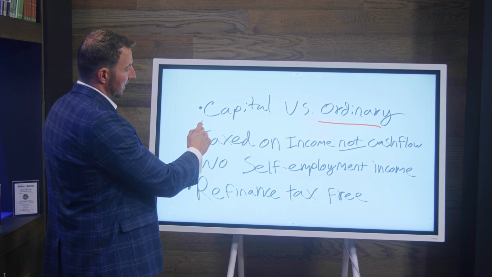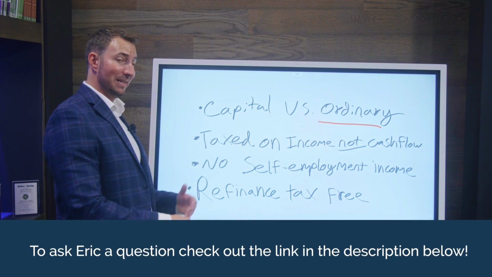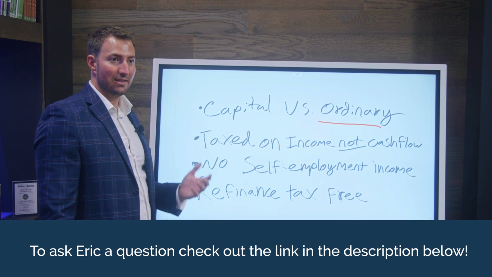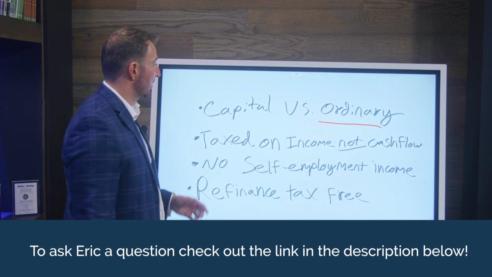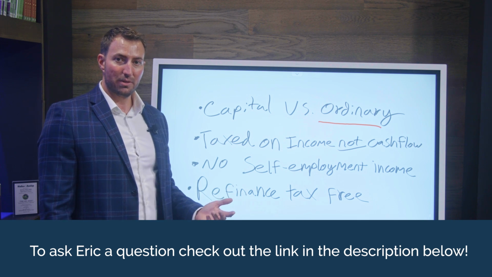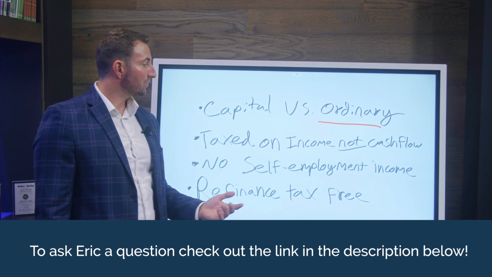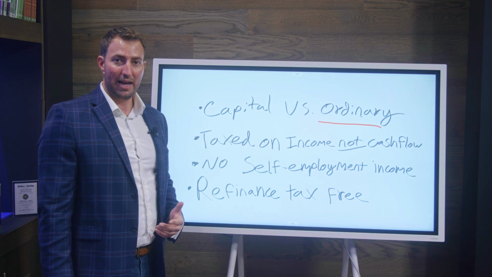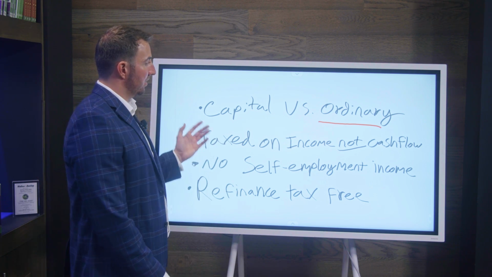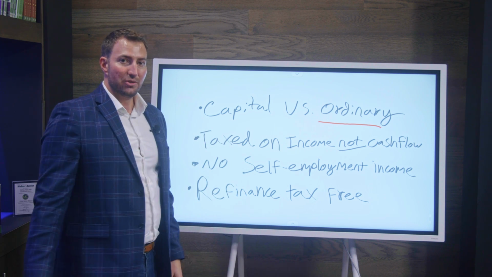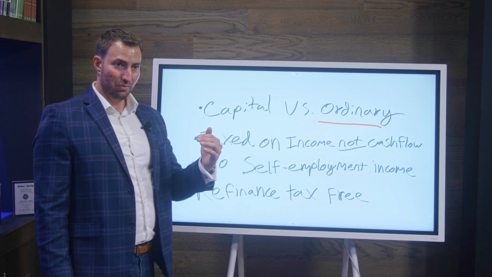Where you want to be is in the capital world if you can, from a tax perspective. So capital gains is for assets that are held for more than a year. Rental real estate being one of those assets that qualify for this treatment. So if you can hold real estate for at least a year, rent it out, generate some of that cash flow during that time, and then you decide it's time to sell for whatever reason, well, then you can get this capital gain treatment, which is a lower preferential rate.